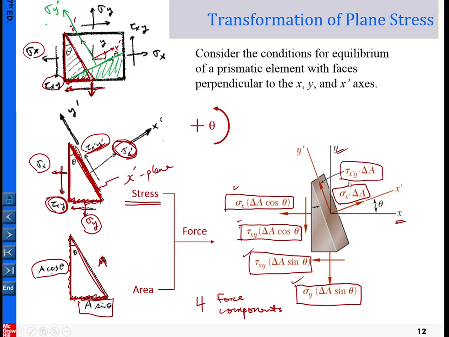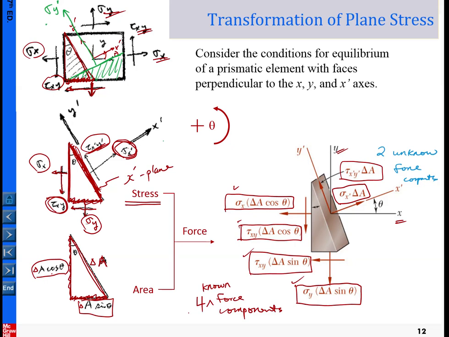For some reason here I used delta A; I should use delta A here as well. Anyhow, here are 4 known force components, because these are given. So those 4 are known, and these are 2 unknown force components.